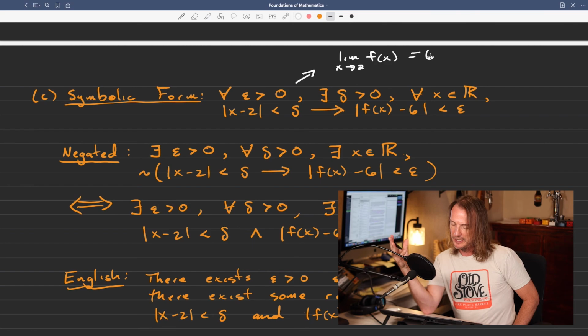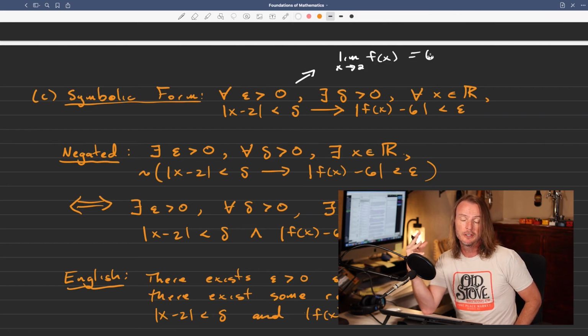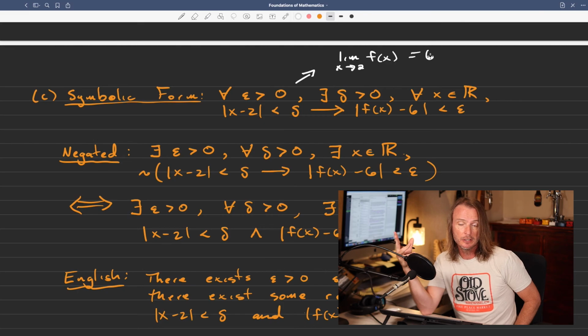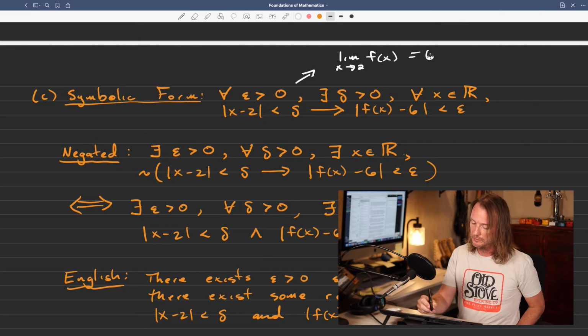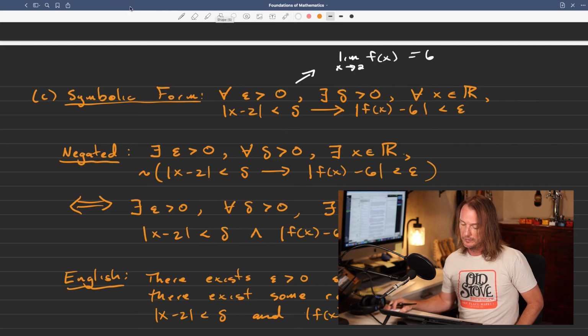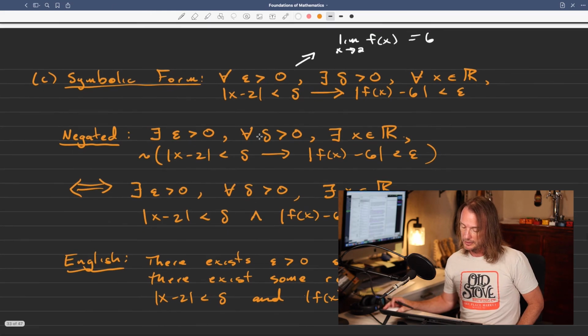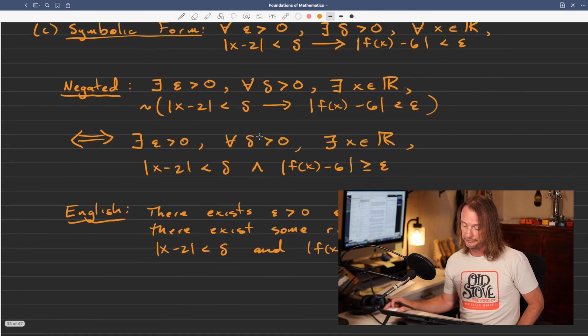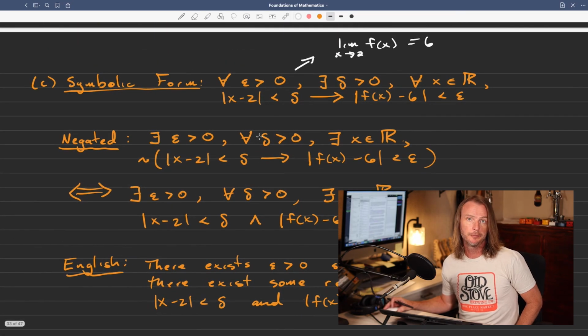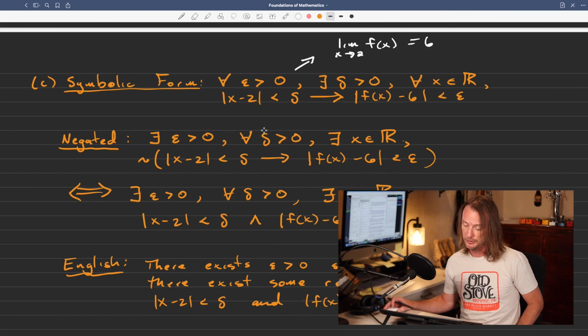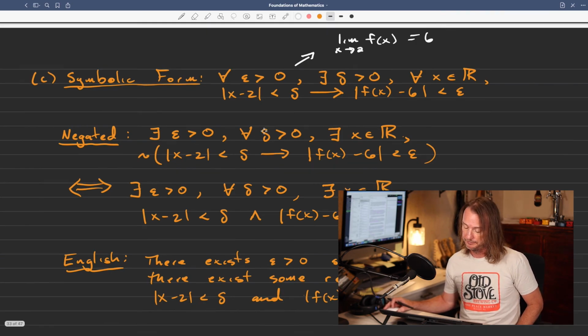So when you take analysis class and you get into the hardcore definition of what limit means, you're going to be working with this definition, just like that. And you sometimes have to work with the negation of that definition if you're doing what we call an indirect proof. Indirect proofs involve negating the original statement. So, yeah, this isn't just some pie in the sky example here. This is something you actually will be working with soon in your mathematical careers.